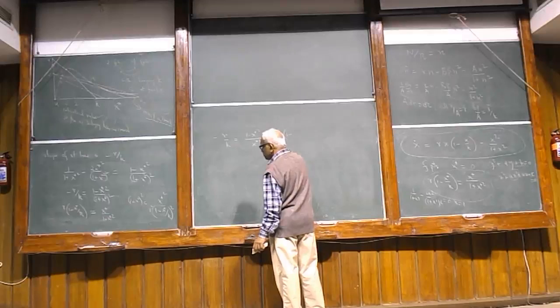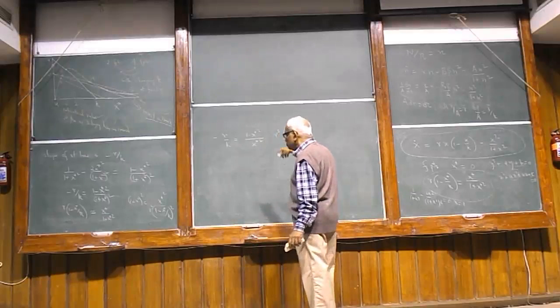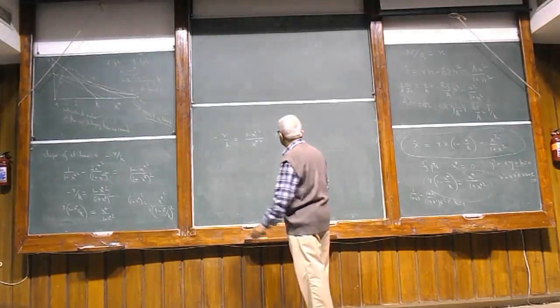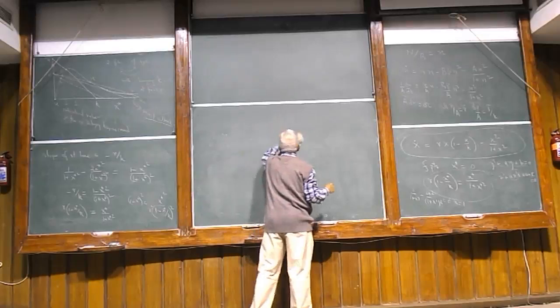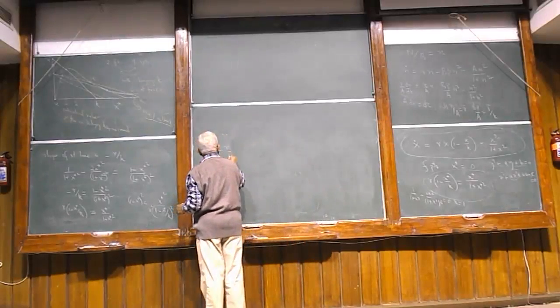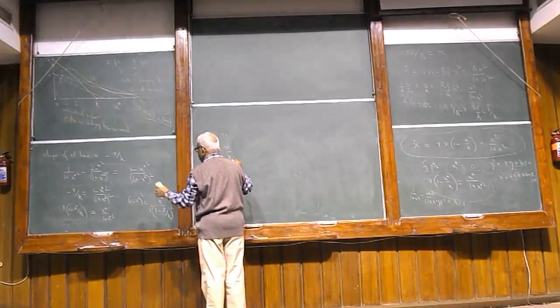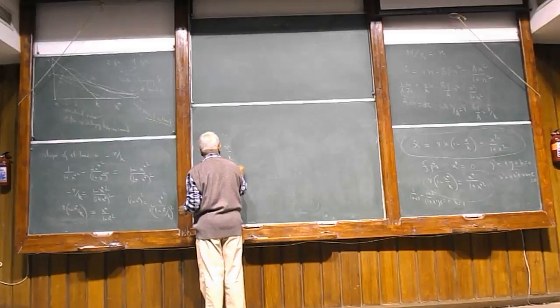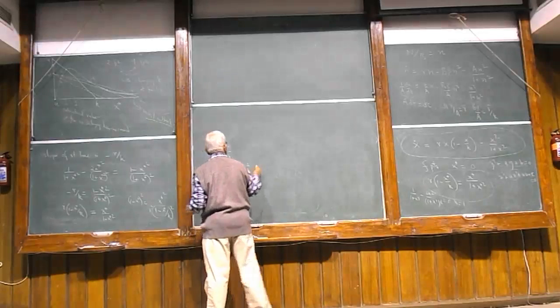What am I after? After squaring, I want to divide out these, so it is minus r over k on this side divided by r square into 1 minus x star over k whole square.